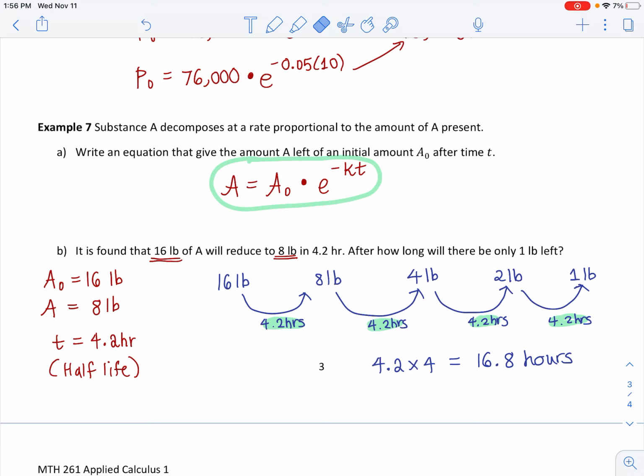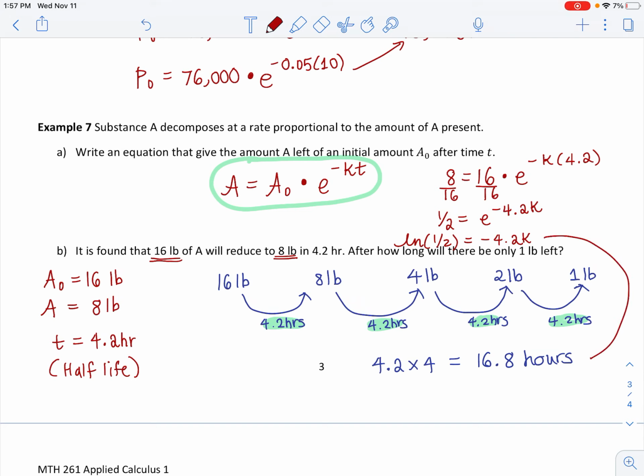So what we got is, I apologize, that's not right. A is 8 equals 16 times e raised to the negative k times t of 4.2. If I solve this, I divide both sides by 16, which is 1/2 equals e to the negative 4.2k. Take natural log of both sides. You see how this method is a little more complicated?